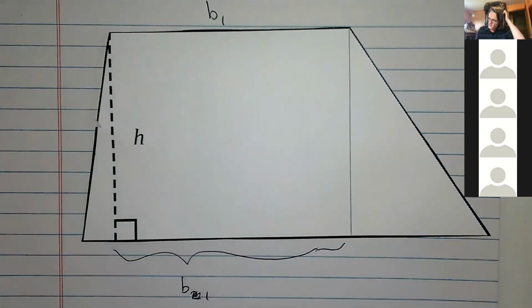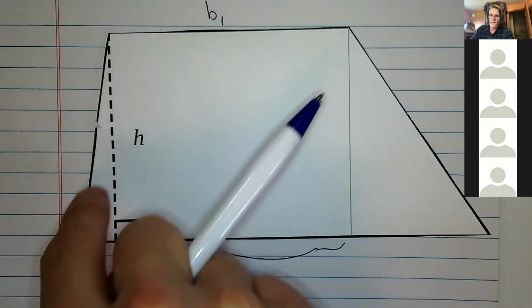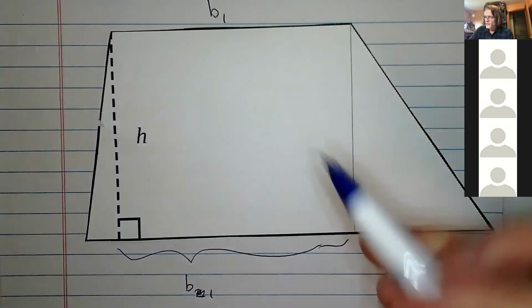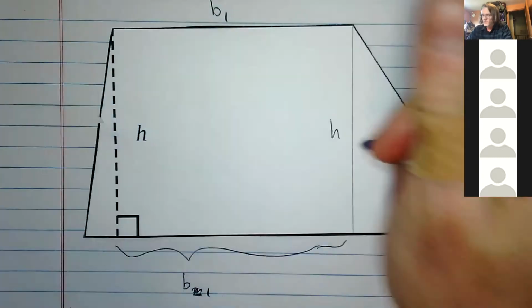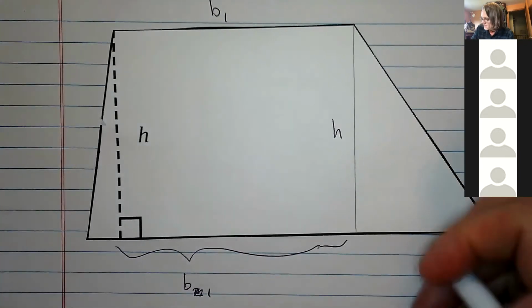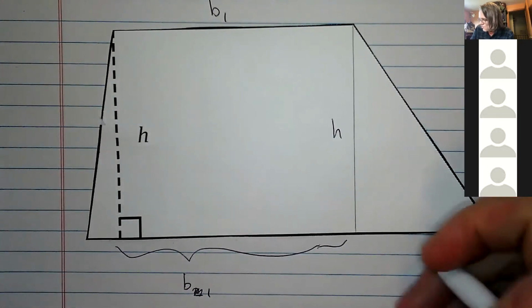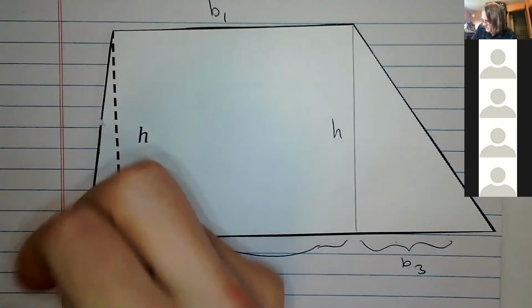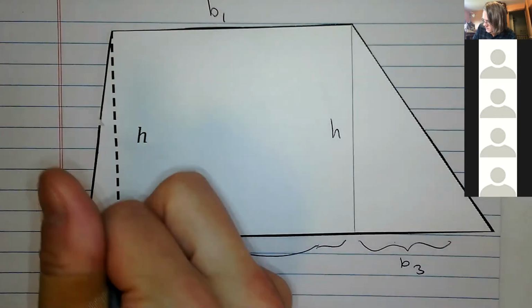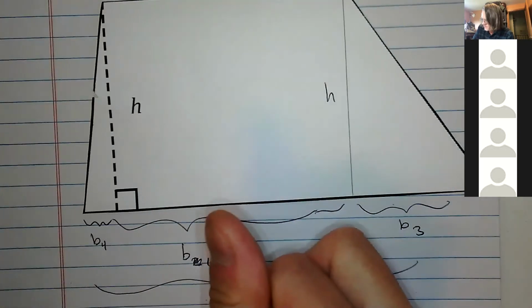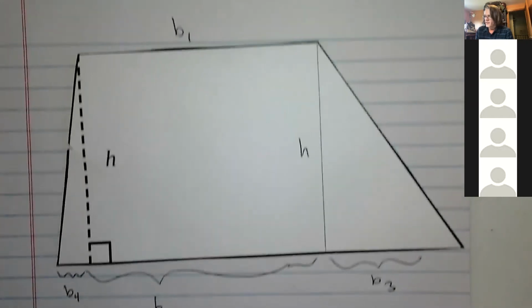Now the only thing left is to find the area of this triangle and this triangle. You can do that based on the argument we just did for triangles: it's 1/2 base times height. The height for both triangles is H. The base isn't given, but you can label it. I'll call this B3 and this B4, and I'll call the whole bottom B2.